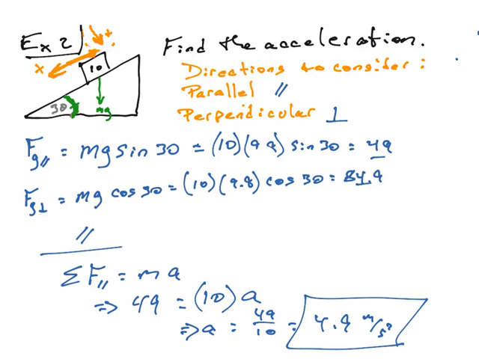You ask the question, which direction will my block move? For this one, it'll move in the parallel direction. So I use F equals ma in the parallel direction. So you can see that the method is the same for all three styles. There's a little uniqueness here and there in actually doing the steps, but each step is identical.